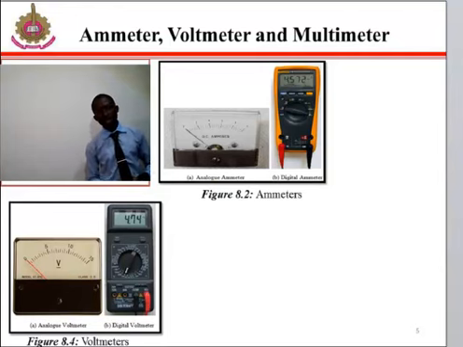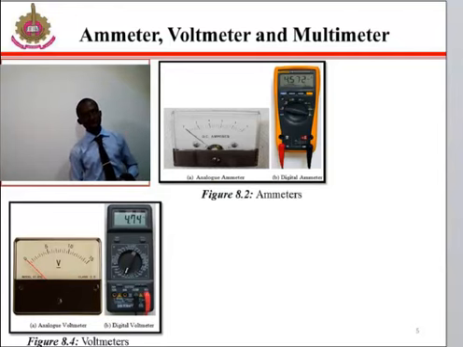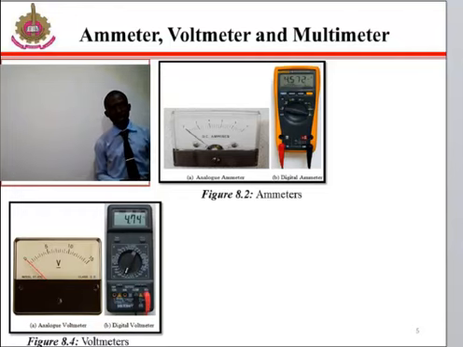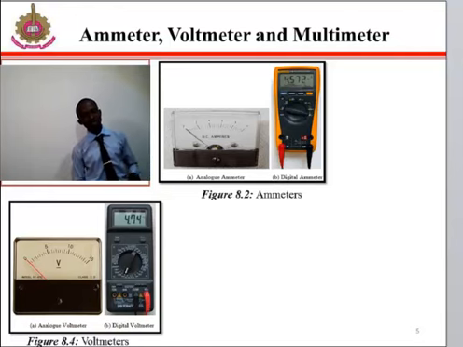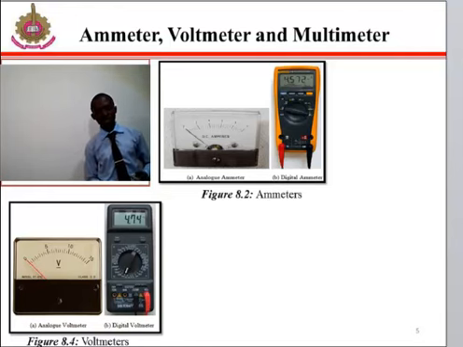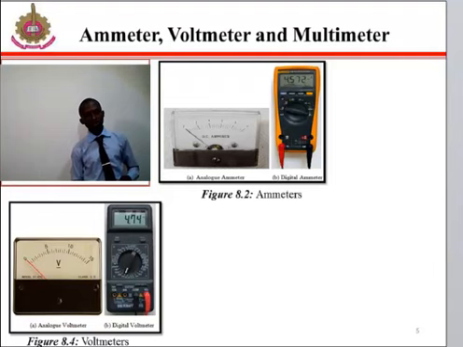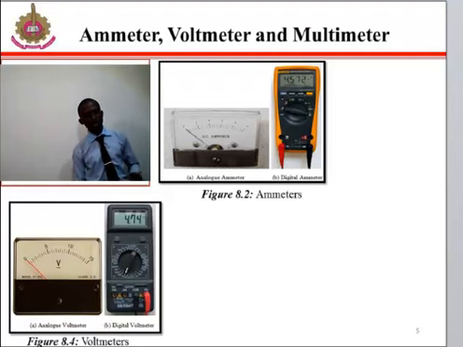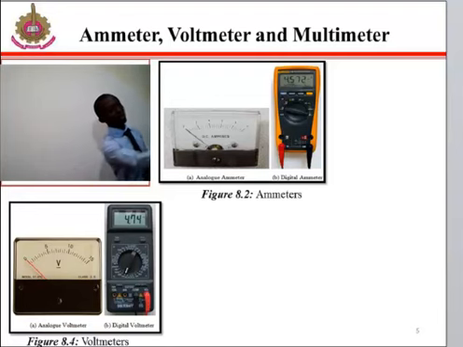An ammeter can either be digital or analog in nature, as shown in figure 8.2. An analog meter is a meter with a scale, while the digital meter is a meter where the readout is in numbers. However, in order to use an ammeter to measure current flowing in a circuit, you must connect it in series to a circuit as shown in figure 8.3.